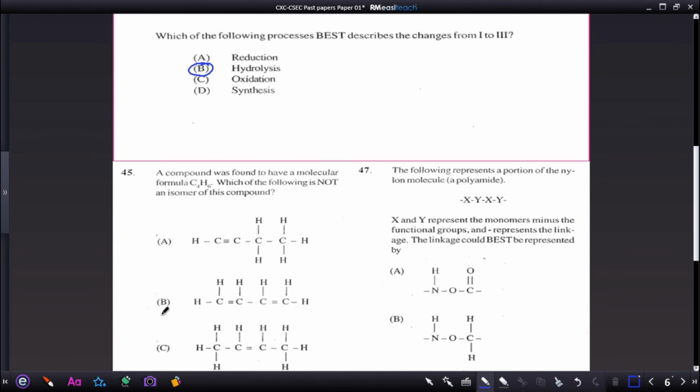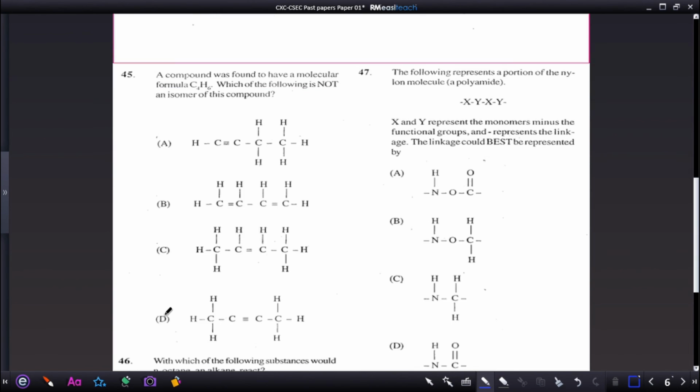45. A compound was found to have a molecular formula C4H6. Which of the following is not an isomer of this compound? One, two, three, four. 1, 2, 3, 4, 5, 6. And for all of them, carbon is showing 4 bonds. So that's fine.